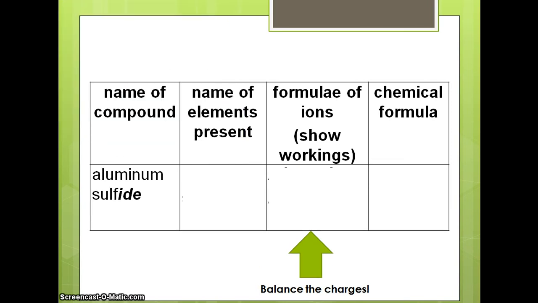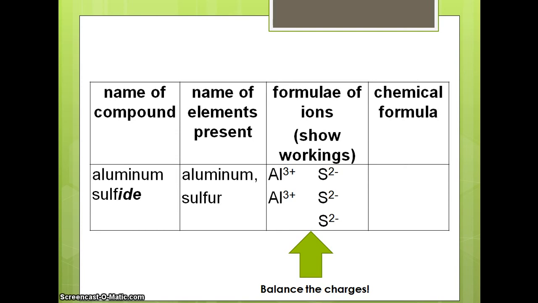Now, let's look at our last example. We have the compound aluminium sulfide. The name of the elements present in this compound is aluminium and sulfur. And the formula of the ions that are present are your aluminium ion Al3+ and your sulfide ion S2-.